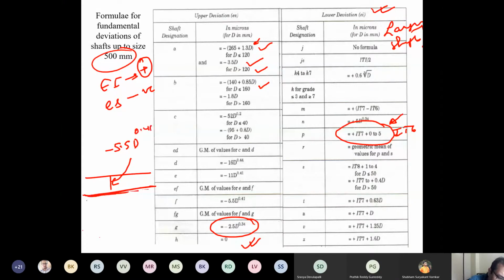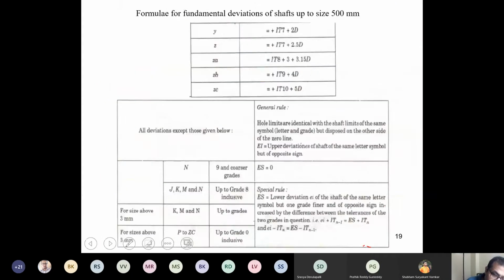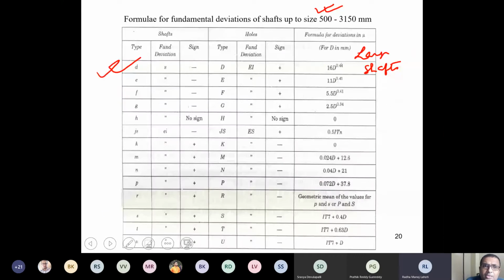So this will be the top line, and depending upon your tolerance band, which in this case we said is basically G6, right? Any questions?